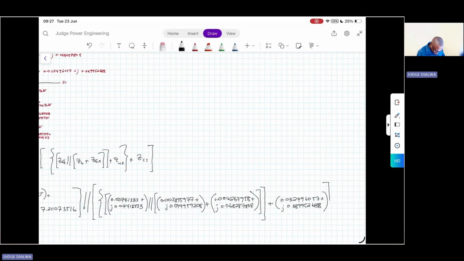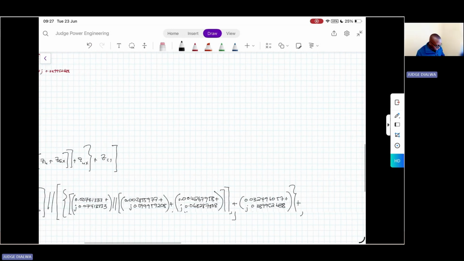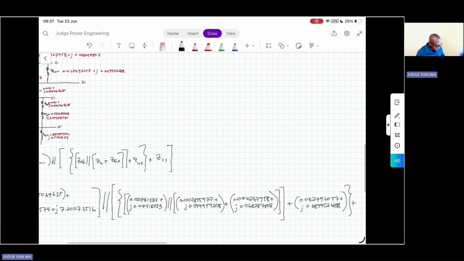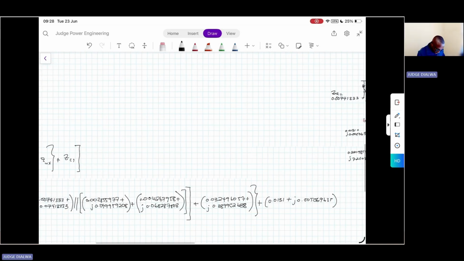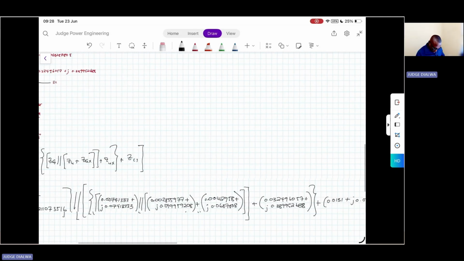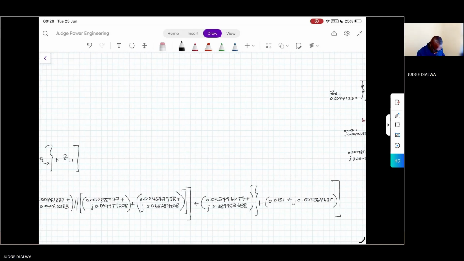And then all that, in fact, start with this curly bracket, and then all that will be in series with the impedance of our cable 1. So that is 0.0131 plus j 0.005069635. And that will be our entire equation.